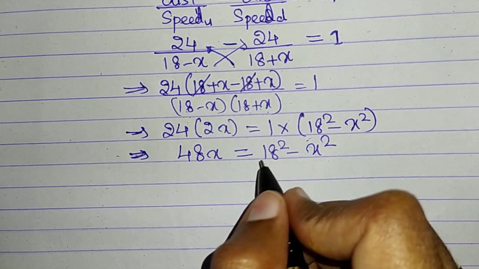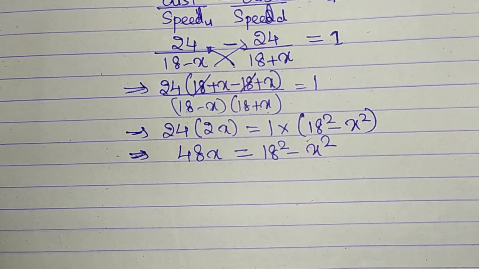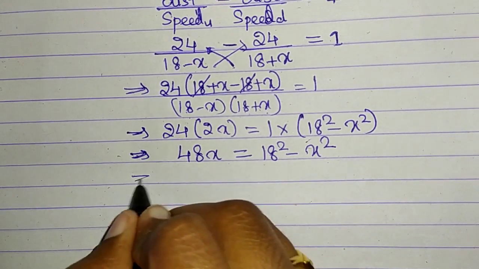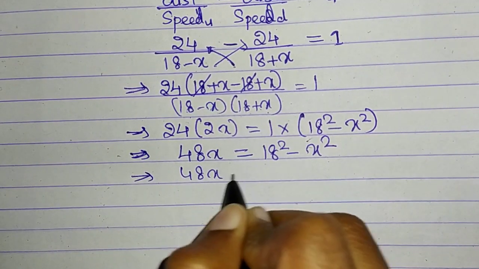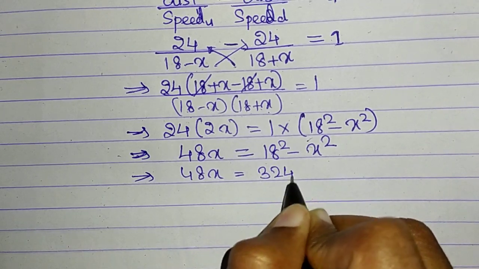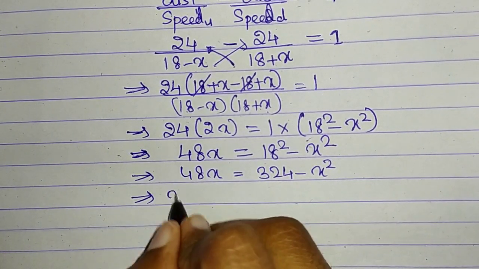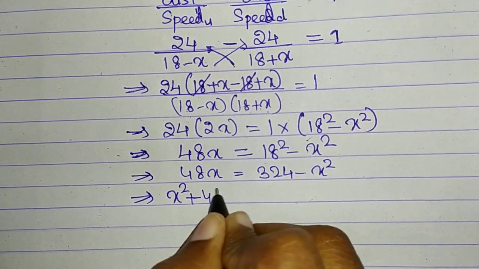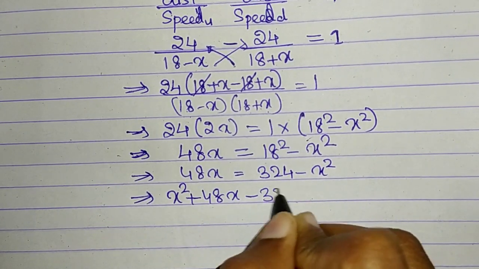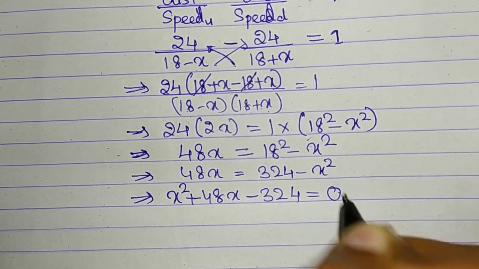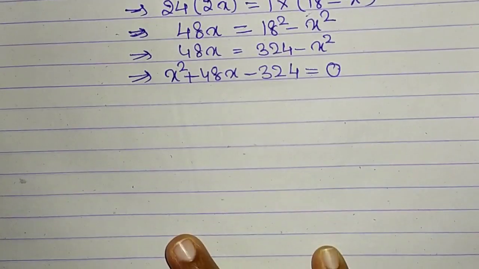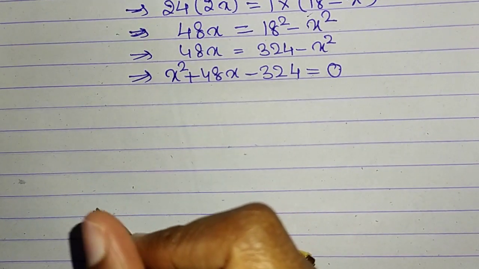18 square is equal to 324, so the expression can be written as 48x is equal to 324 minus x square. On transposing RHS to LHS, we get x square plus 48x minus 324 is equal to 0. This is the quadratic equation which we are supposed to solve.